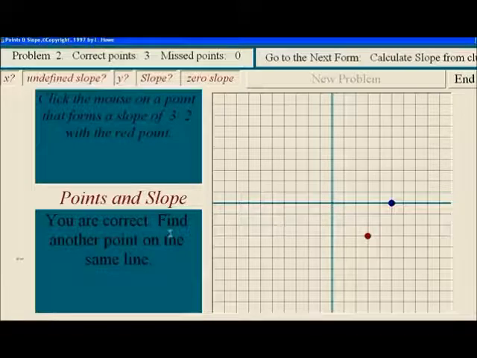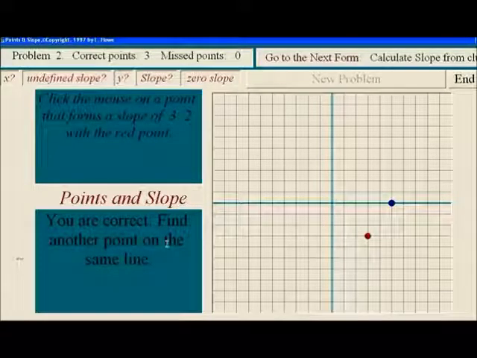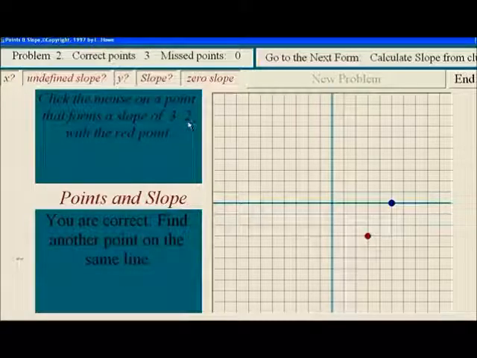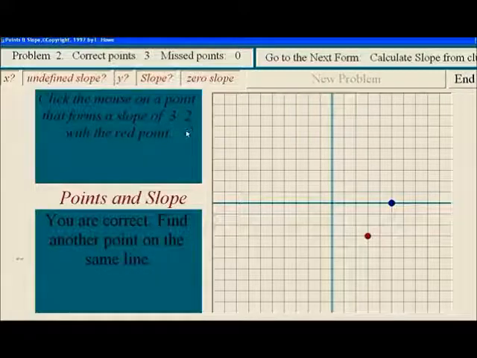Now it says you're correct, but find another point on the same line. Now, since I'm talking to you, I want you to see how we could find another point on the other side of this red point, which forms the same slope. Look at this slope, 3 halves. If both the numerator and denominator were multiplied by -1, that would be really multiplying by -1 divided by -1, which would be a 1.